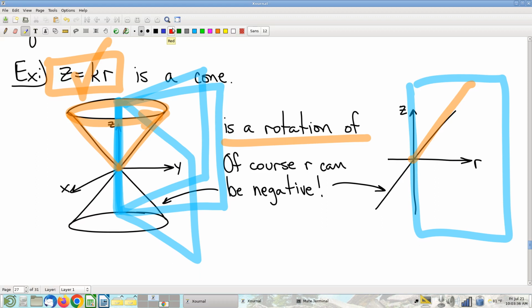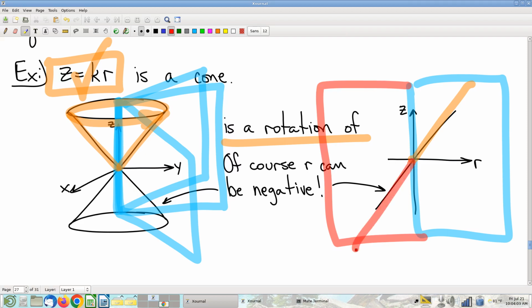But here's another point. I said half planes because I was naively thinking of theta as defining these half planes, but again, that's not really right. I can just as well talk about the other side of these planes. There's nothing wrong with r being negative. It might not be our favorite way to think about polar coordinates, but it's perfectly allowed. And so likewise, it's not just a half of a line, it's a whole line.